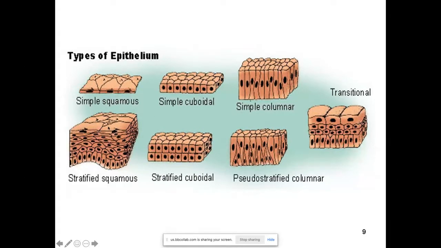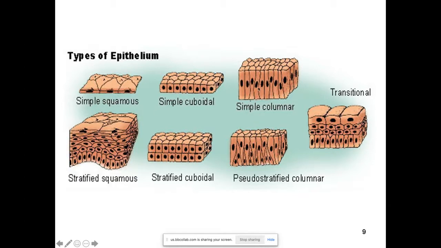Let's look to the left where they're flat, irregular shaped cells, simple squamous versus stratified squamous. Now, the ones at the bottom are not squamous, but the first few layers to the apical surface are flat, irregular. It's more than one cell layer, so we call it stratified, okay?